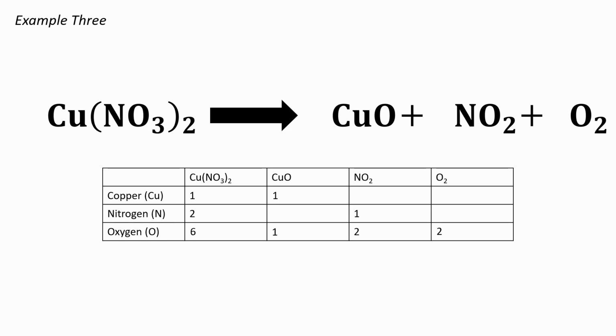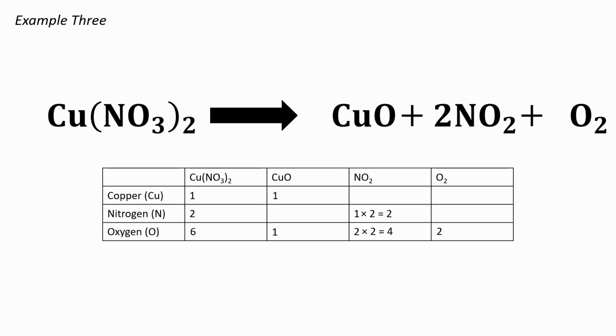However, it might be a little confusing as to where to start. I would recommend starting with the atoms we have the least of and then go in order. So, starting with copper, we have one CuO, which we as usual will not be showing. Next is nitrogen, where we have two NO2.